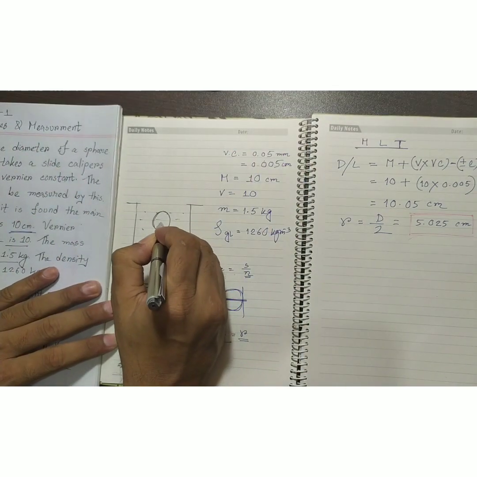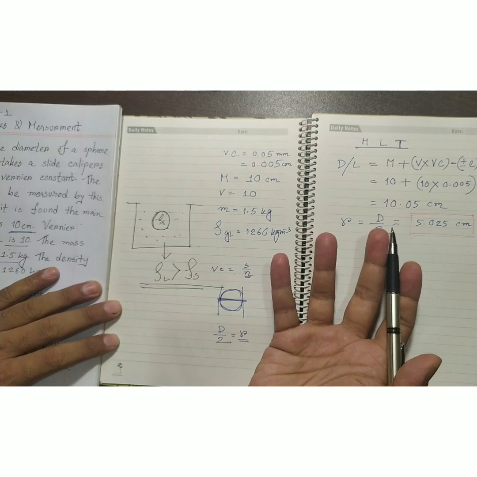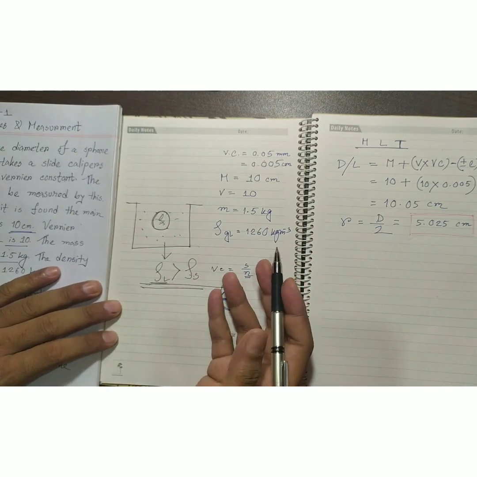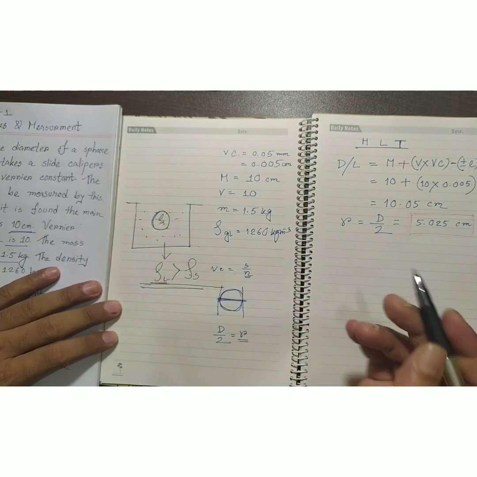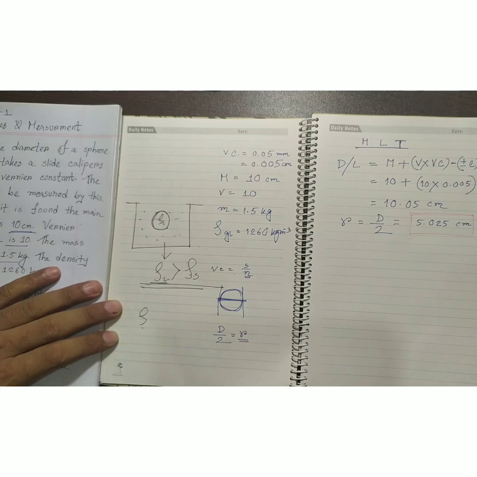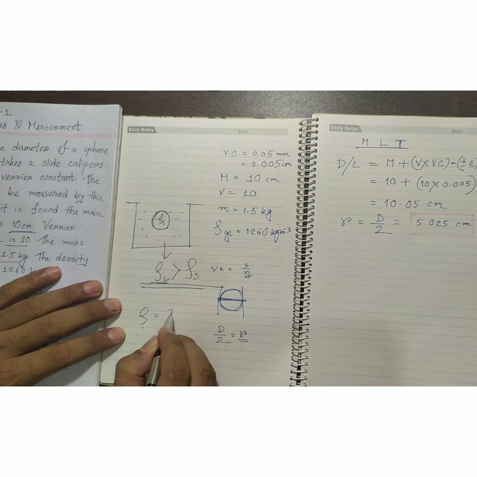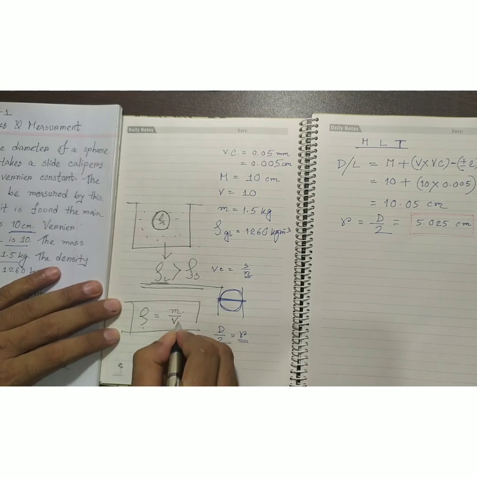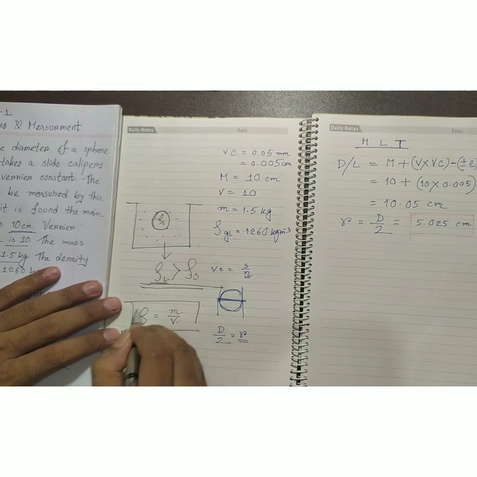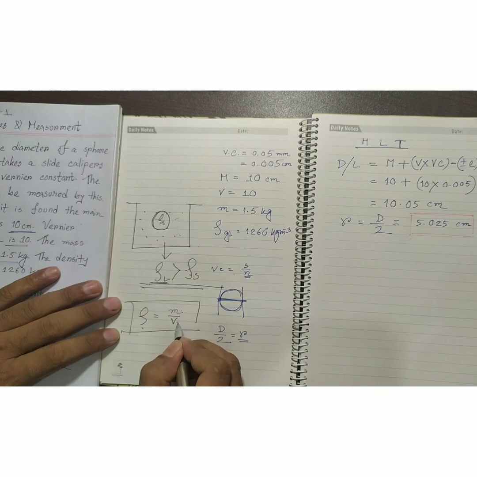And if the density of the sphere is greater than the liquid density, it will sink. So now we need to find out the density. How to find the density? We know the density is M by V. M is in kilogram, V is the volume in meter cube. So the unit of density is kilogram per meter cube.